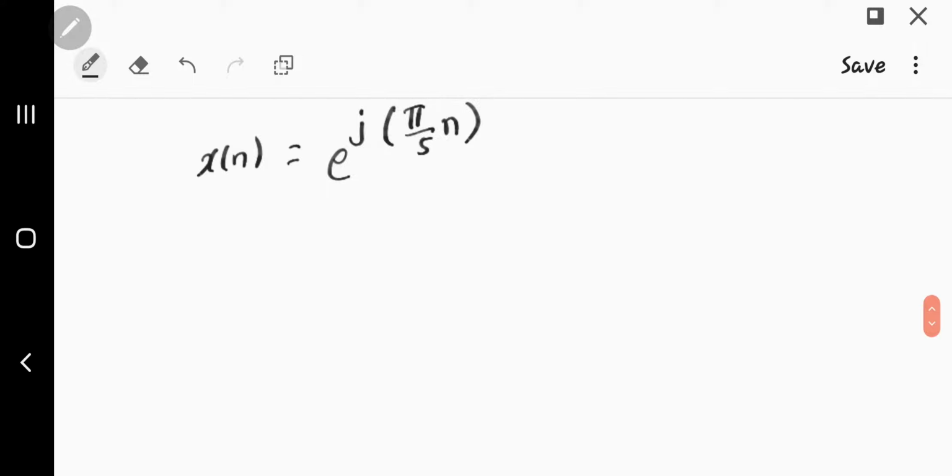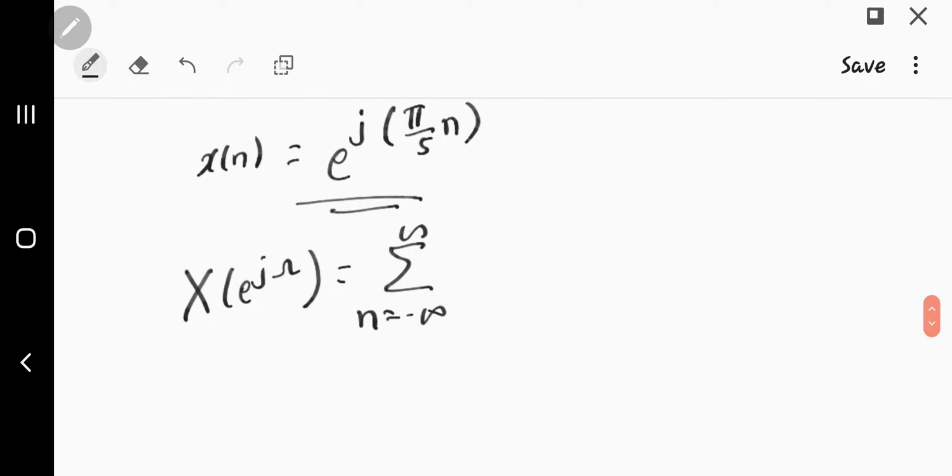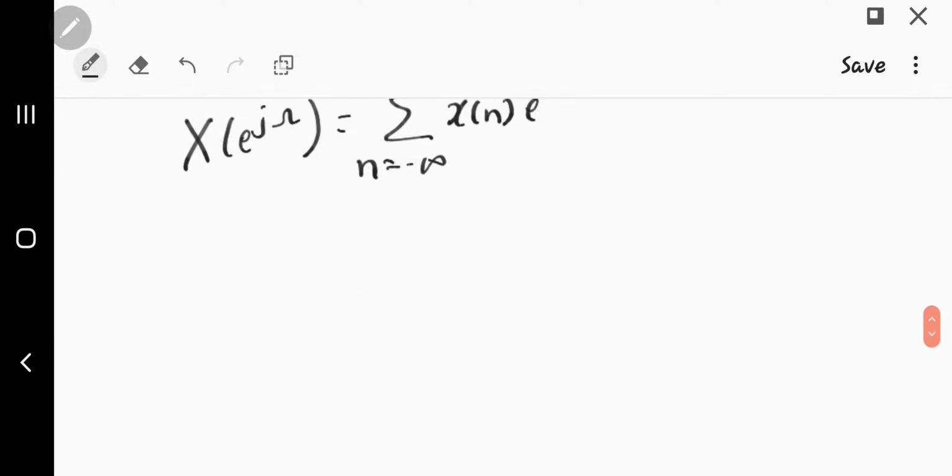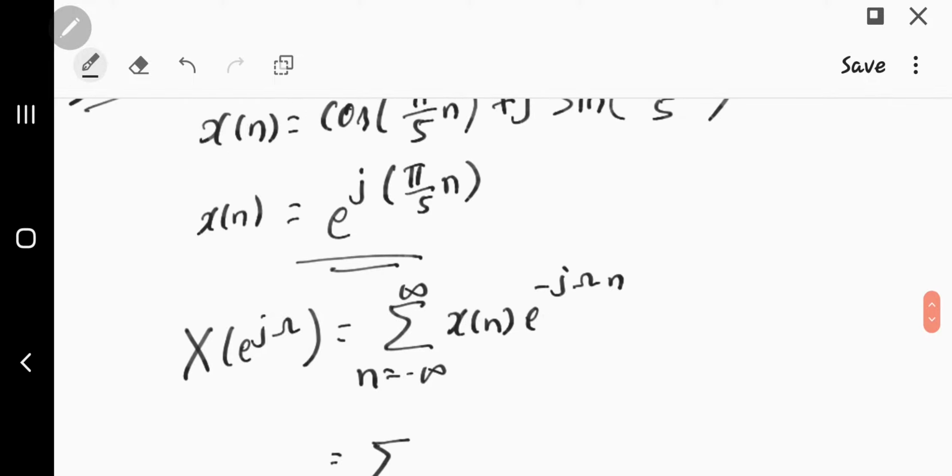Now we have to find the DTFT of the signal. So given signal is x of n, so therefore x of e power j omega is equal to summation n varying from minus infinity to plus infinity e power minus j omega n. Now, I forgot to mention this.